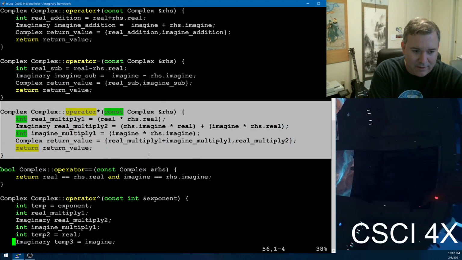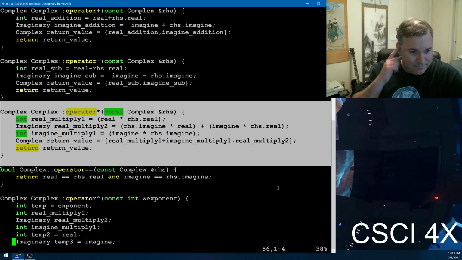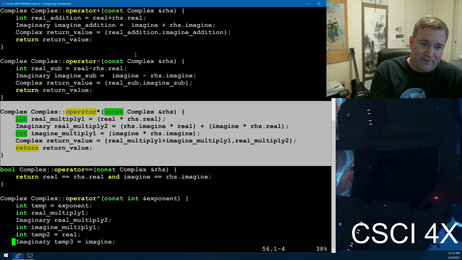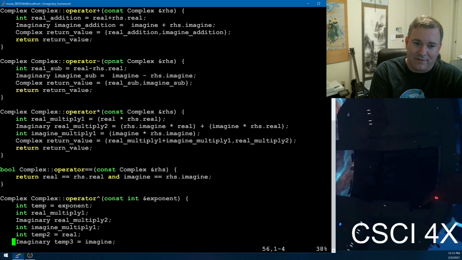Did you have any trouble writing the multiply function? Yes, we did originally because we had it in the wrong order. When we were trying to do the FOIL, we had the Imagine on one side wrong, so we were getting an error for that, but then we were able to fix that. Yep. And so that was actually one of the main things that I wanted you guys to learn from this assignment: if you have an operator like this, if it's a member function of a class, me must be the left-hand side, right?